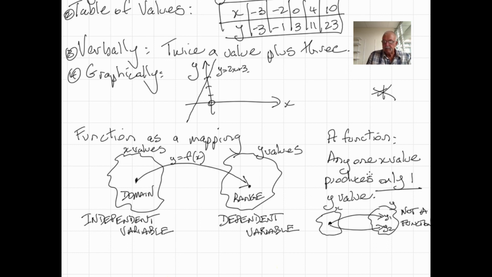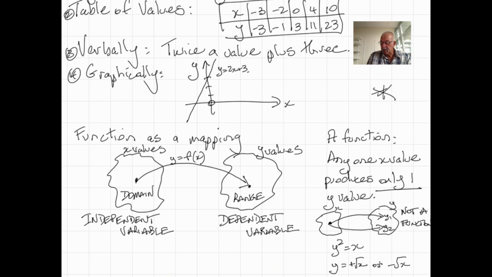All right, that's looking at it visually. How would it be algebraically? What would be an example of not a function? So if we had y squared equals x, when we find the square root of both sides, we get y equals plus root x or minus root x.